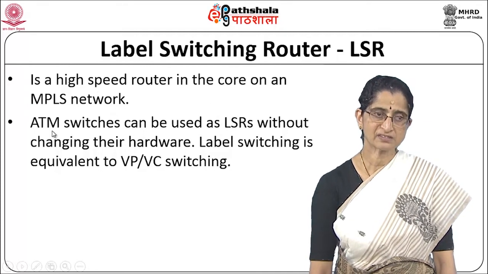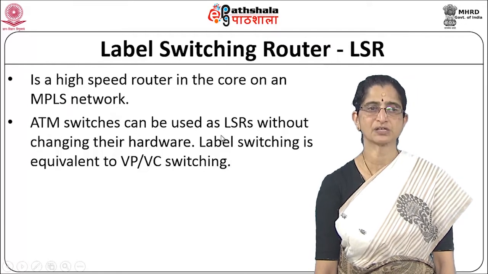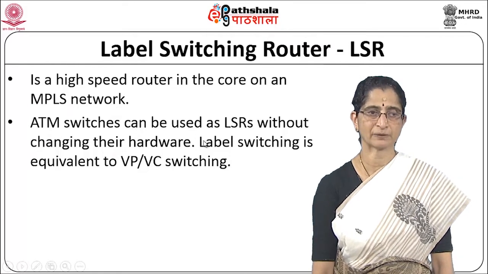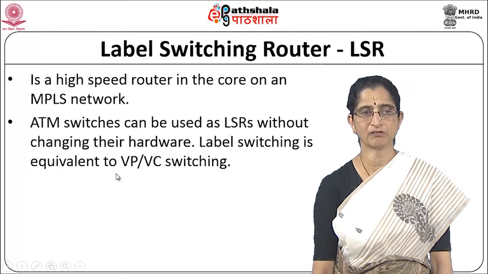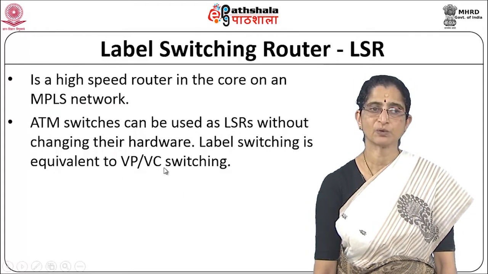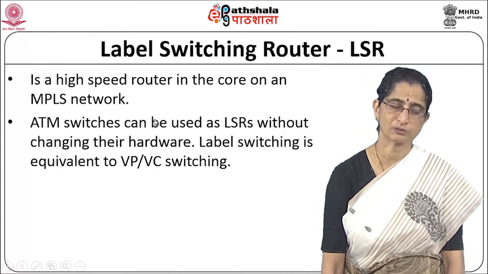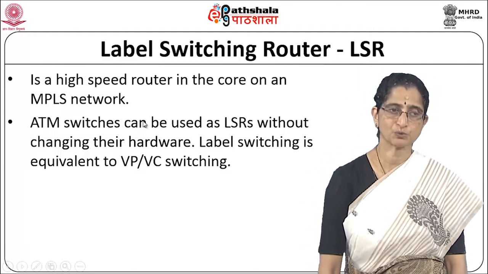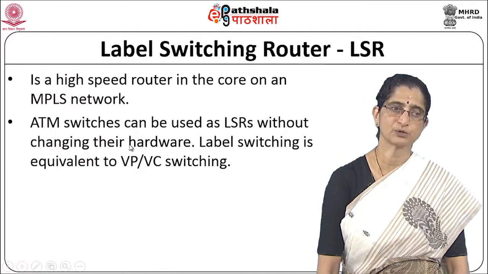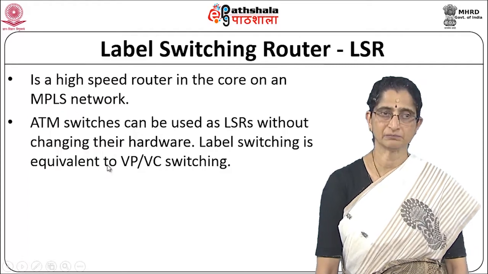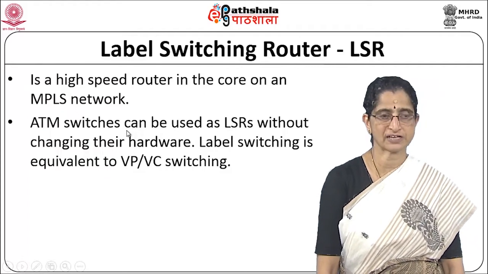What is interesting is that ATM switches themselves can be used as LSRs without changing their hardware. Label switching then becomes equivalent to VP/VC switching. This is one of the major reasons, as we talked about earlier, why MPLS was thought of in the first place: you wanted to use the ATM infrastructure as such.